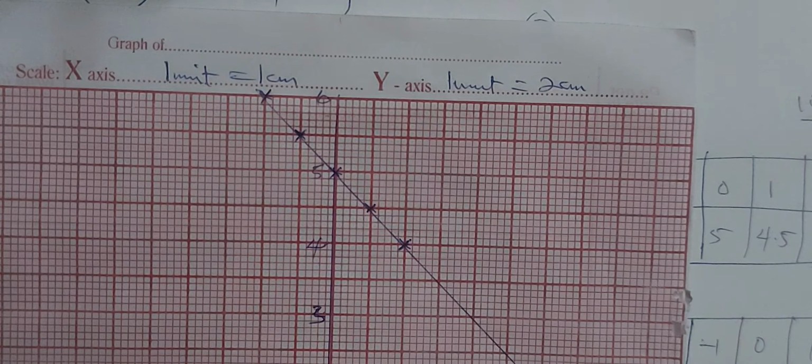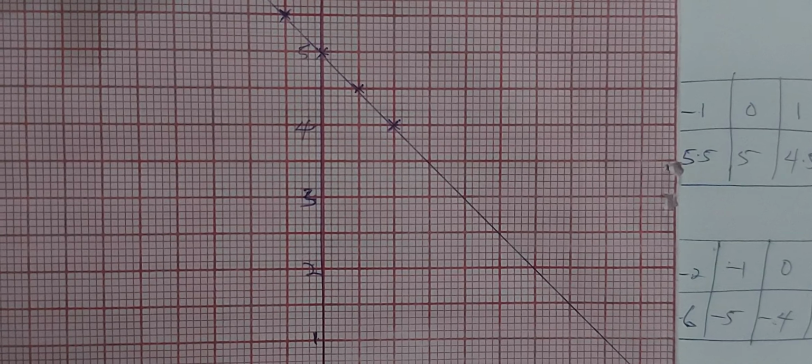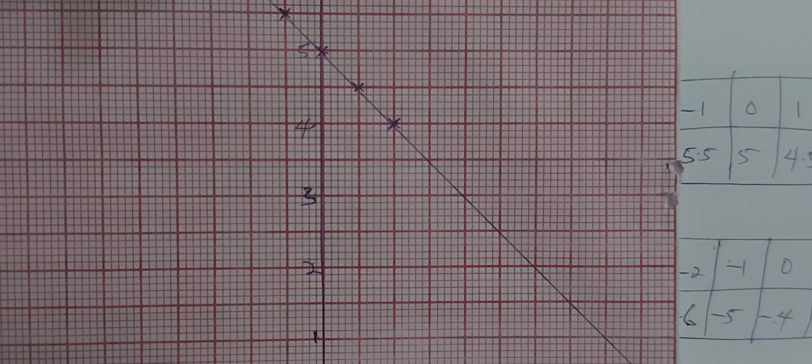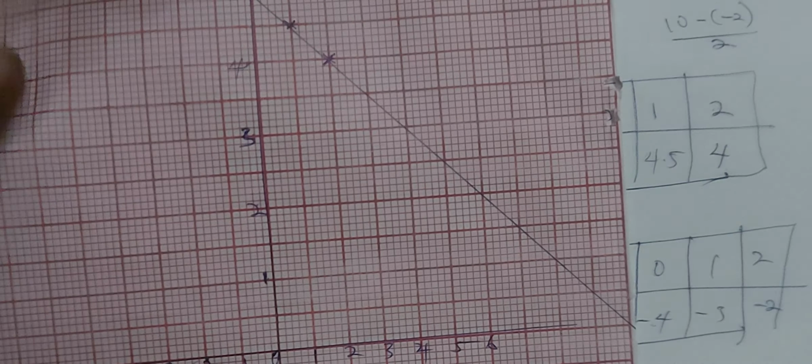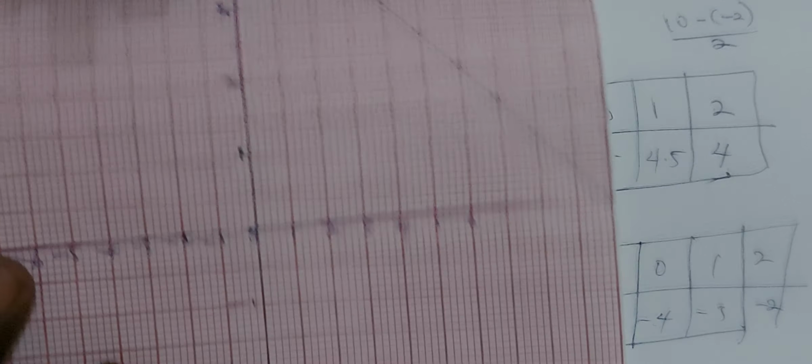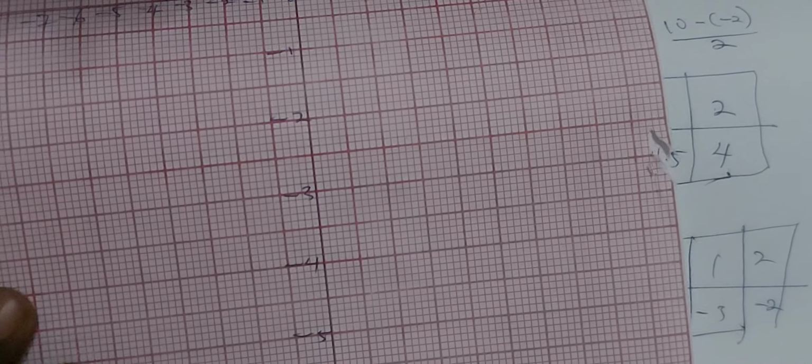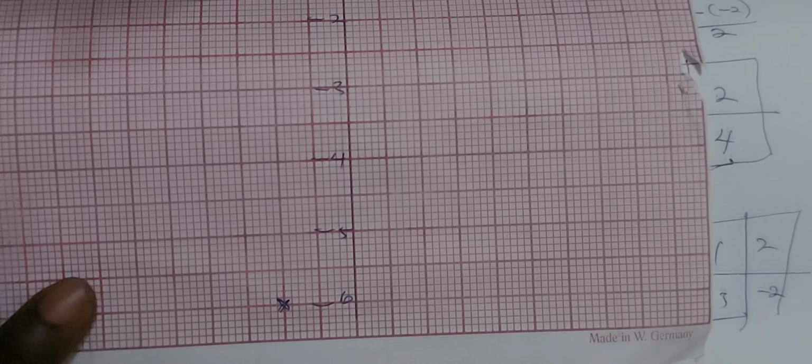So the second one, let's do it again. When x is minus 2, y is minus 6. You continue to do like that. This is under. You might not see it, but let me bring it to where you can easily see it.